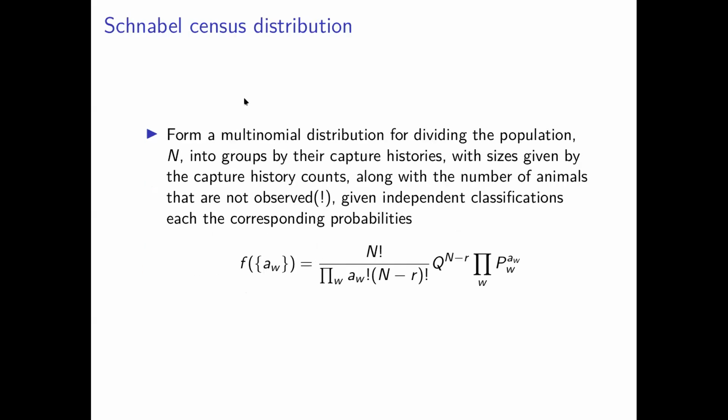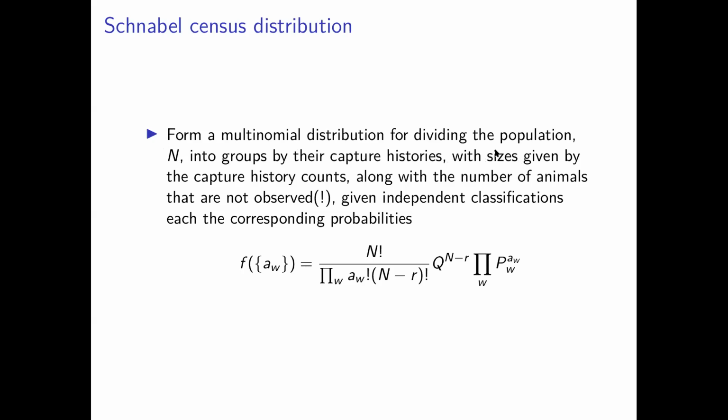Okay, so now we can express the probability of the Schnabel census, which, remember, is the number of each kind of capture history that we've observed, using this multinomial distribution. So you have the n animals in the population, and you're dividing them into groups by their capture histories.